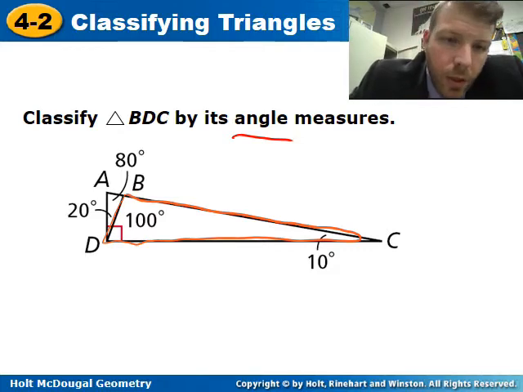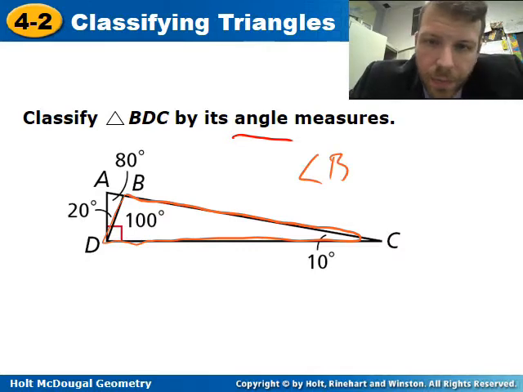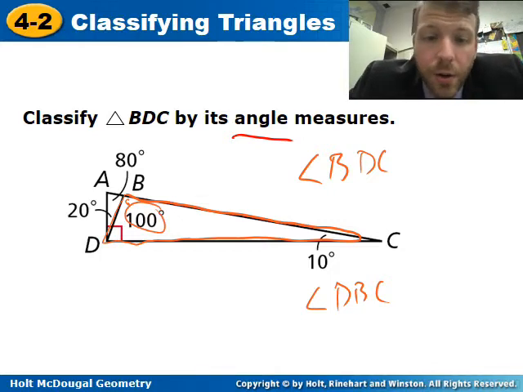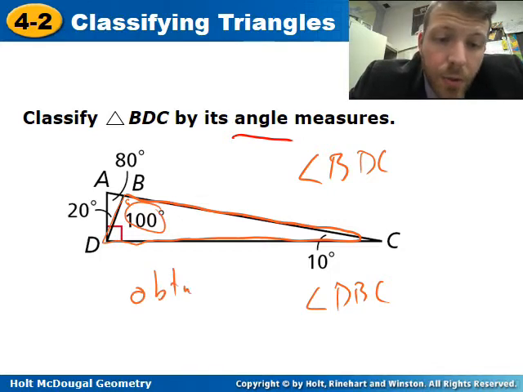If you look, angle BDC is acute, okay? This one right here, it's less than 90. But angle DBC, which is this angle up here, is 100. Since it's 100 degrees, we can classify it as obtuse.